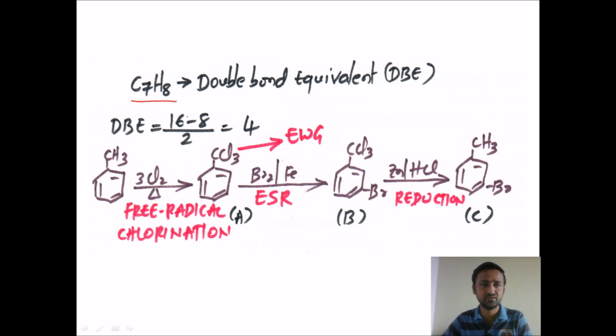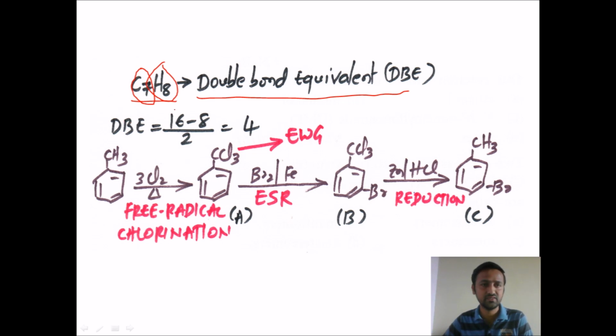To get the structural formula of C7H8, we can make use of the double bond equivalent. It contains 7 carbon atoms, and if it is a completely saturated compound, we expect the CnH2n+2 formula, so 16 hydrogen atoms, but it contains only 8 hydrogen atoms.